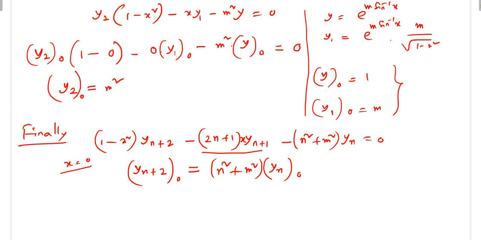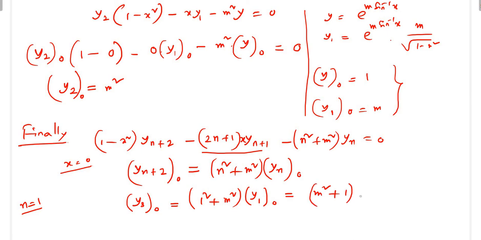Now if I put n equal to 1, this will be y3 at 0 equal to 1 square plus m square into y1 at 0, and y1 at 0 is already m, so it is m square plus 1 times m.